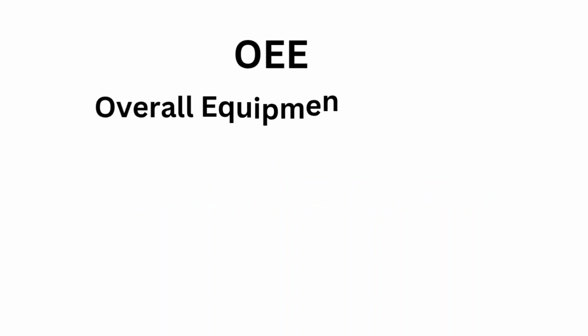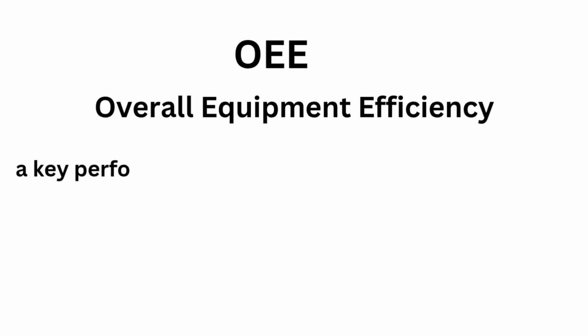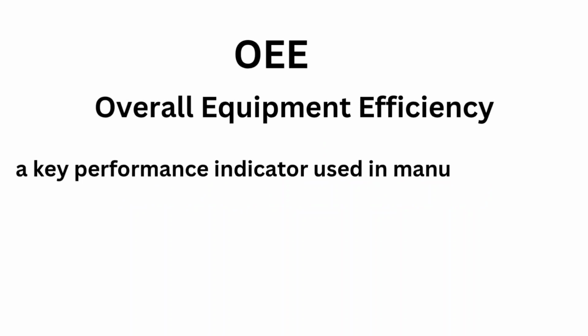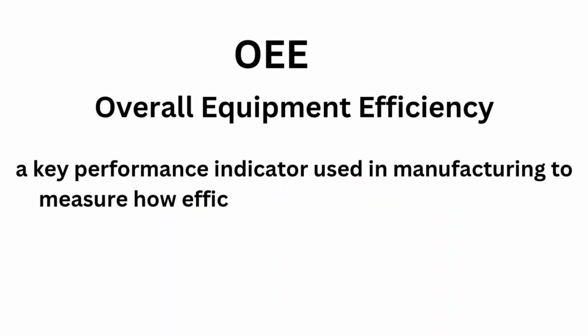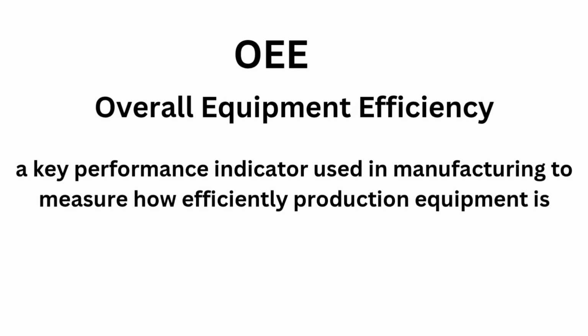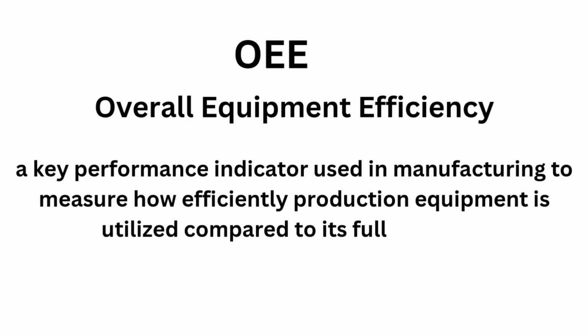Okay, so let's start by understanding the definition of OEE. OEE is overall equipment efficiency, which is a key performance indicator used in manufacturing to measure how effectively production equipment is utilized compared to its full potential.